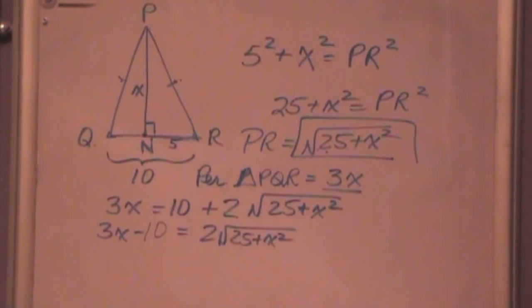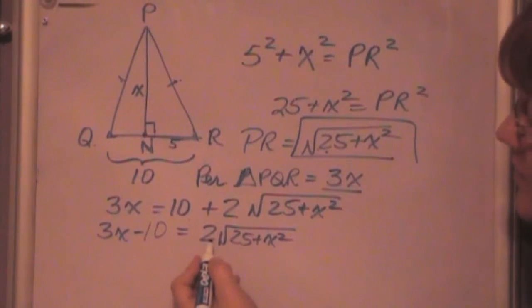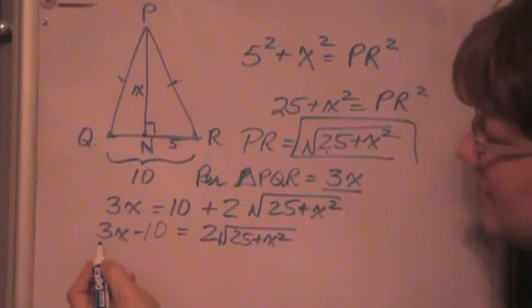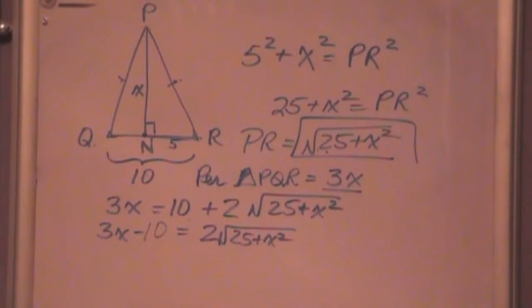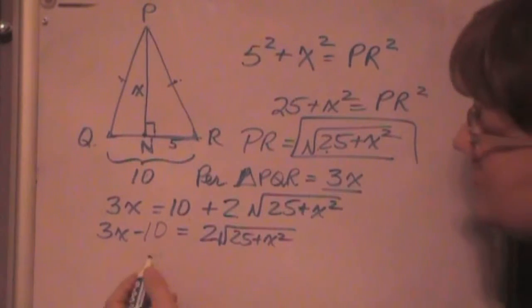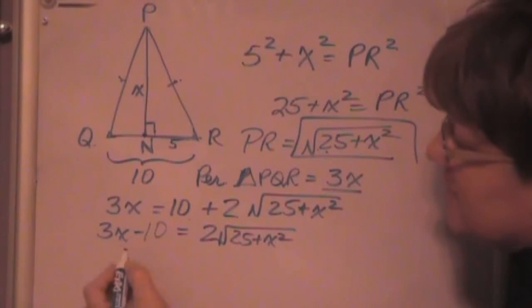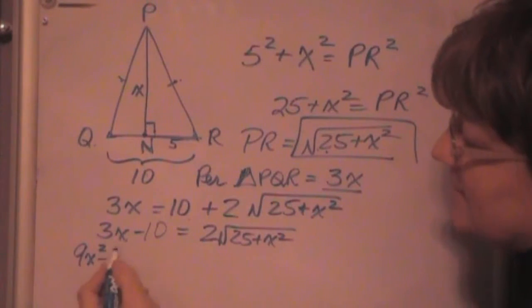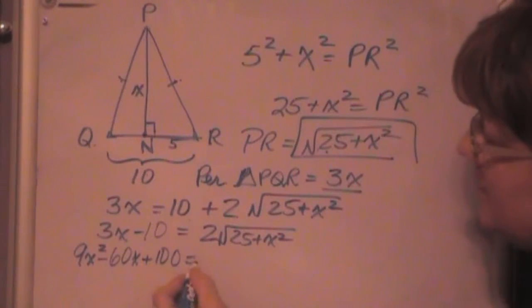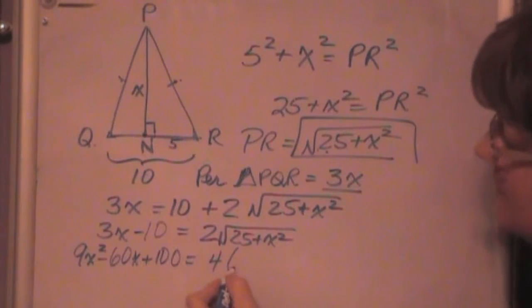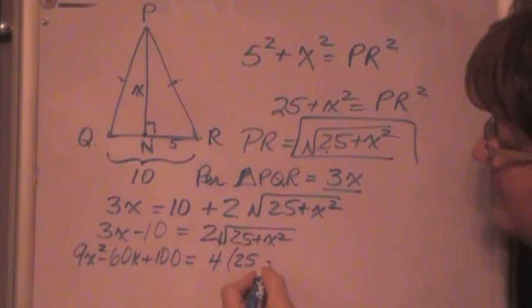Now I'm going to square both sides with the 2 here, because again, if I divide by 2 I get 3 halves x minus 5, and it's just easier to square it this way. So squaring both sides, I get 9x squared minus 60x plus 100 equals 4 times 25 plus x squared.